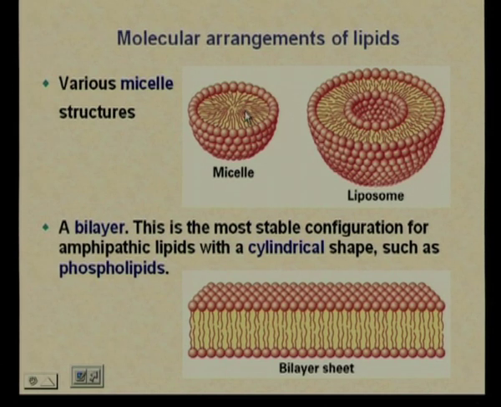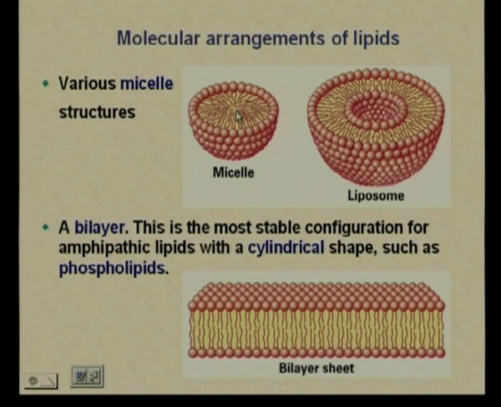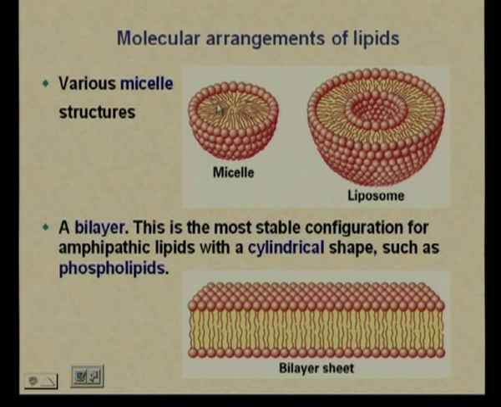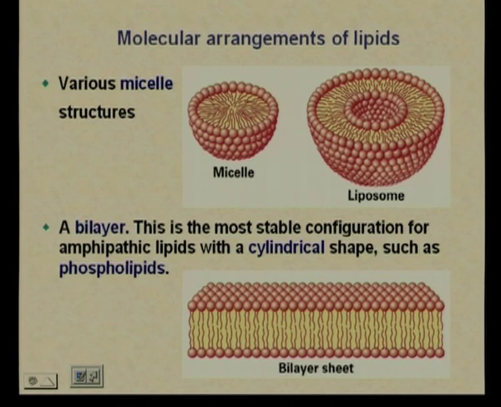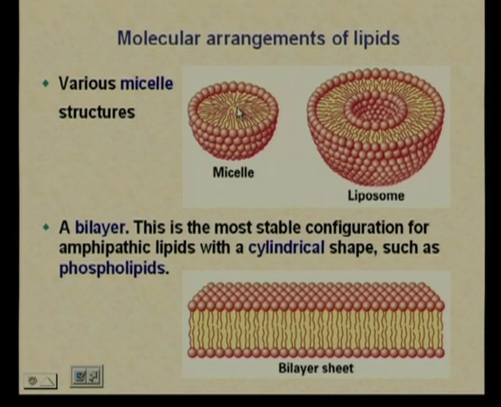Now, when we consider what a liposome is, okay, because we have to consider the way the transport of material occurs in the body. If you have a micelle and you have a polar substance that has to be transported, you understand that it is not going to be possible for this particular micelle to transport it.